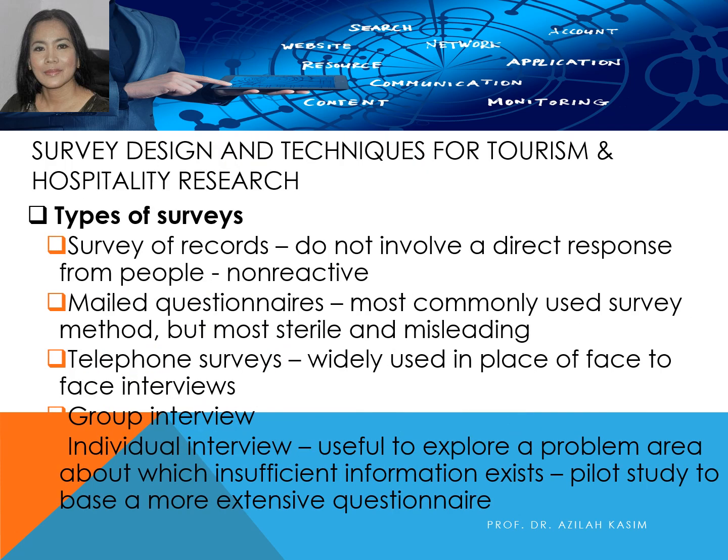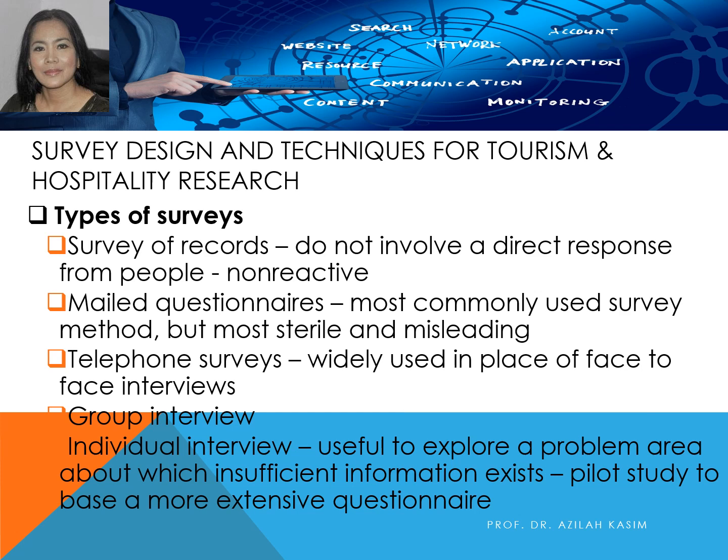Okay, the following are the types of surveys that you can find when you are doing research in tourism, hospitality, and events. One type of survey is survey of records. Records, you know what a record is, right? That means things that are storing some information for a number of time already.